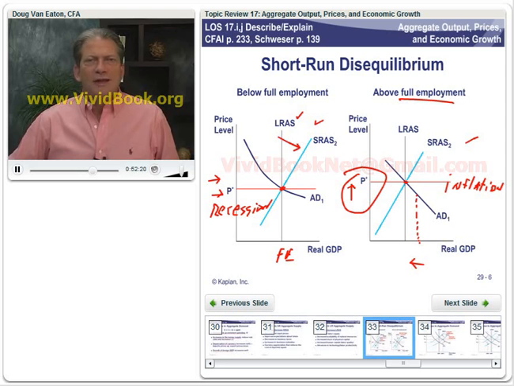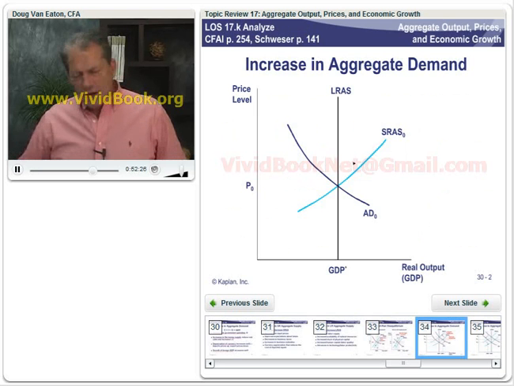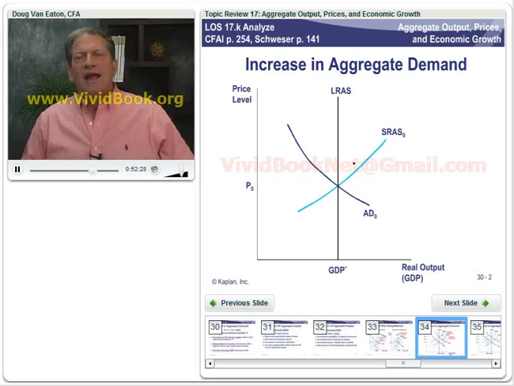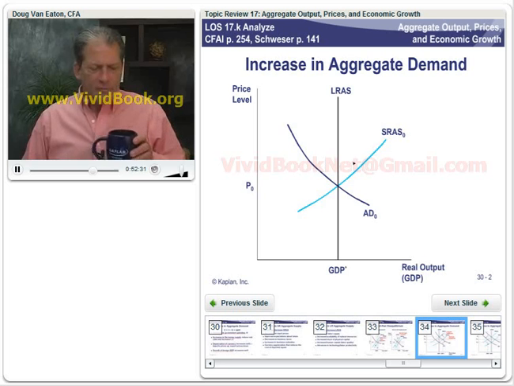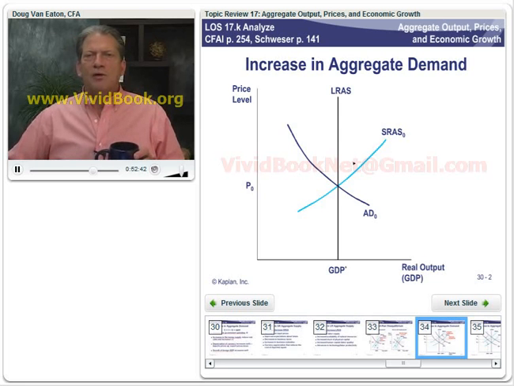Price level went down over here. Now we're going to start out at long-run equilibrium. Everything's in great shape here. We're on a short-run aggregate supply curve, input prices in equilibrium. We've got a determined price level, and we've got our full employment level of GDP.